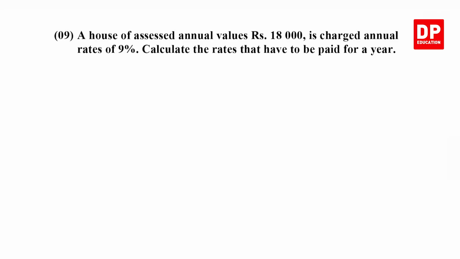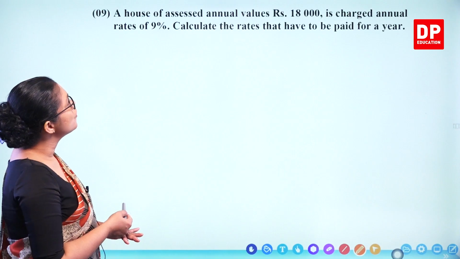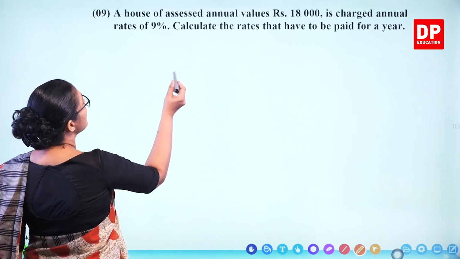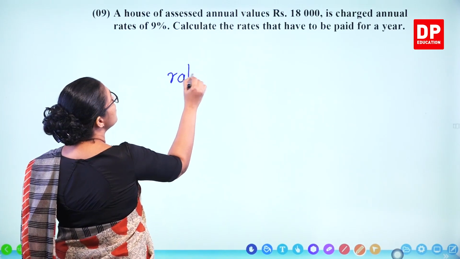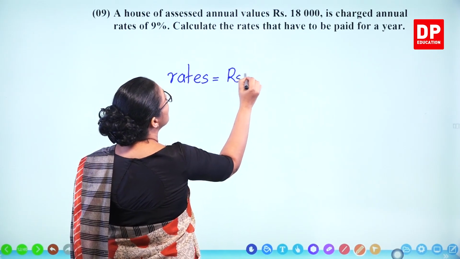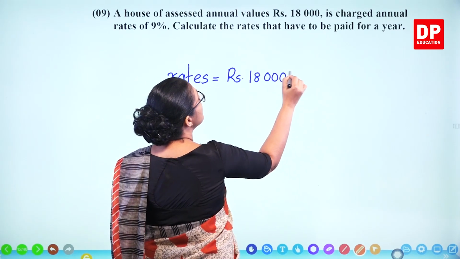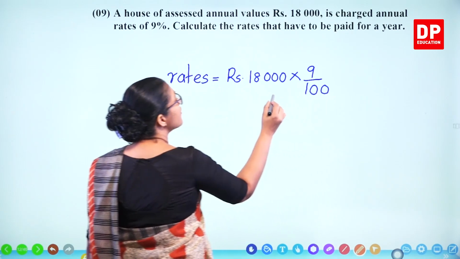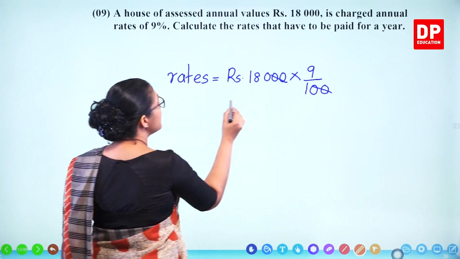Question number 9. A house of assessed annual value 18,000 is charged annual rates of 9%. Calculate the rates that have to be paid for a year. So 9% of 18,000. You can write down the rates is equal to 18,000 times 9%, that means 9 over 100. 2 zeros get cancelled out.